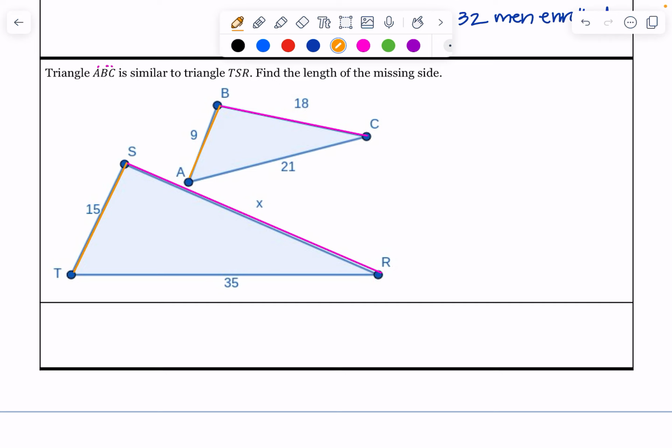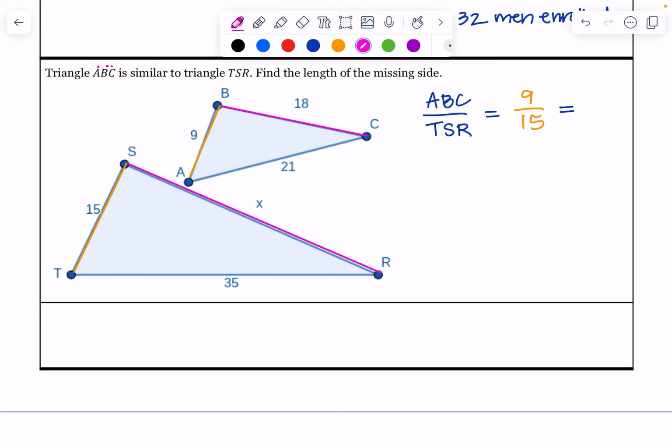Okay, so let's do our ABC on top to our TSR on bottom. On the ABC triangle, let's do the orange first, 9 over 15 on the TSR equals, and then I'm going to use pink.